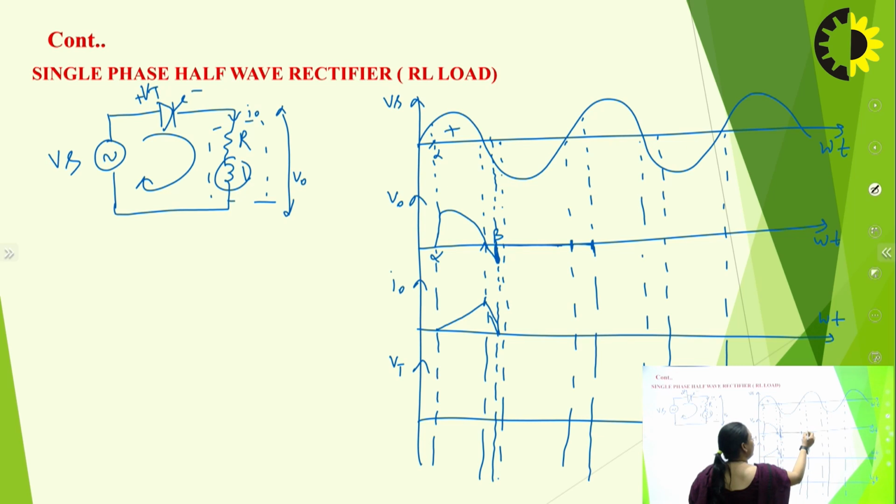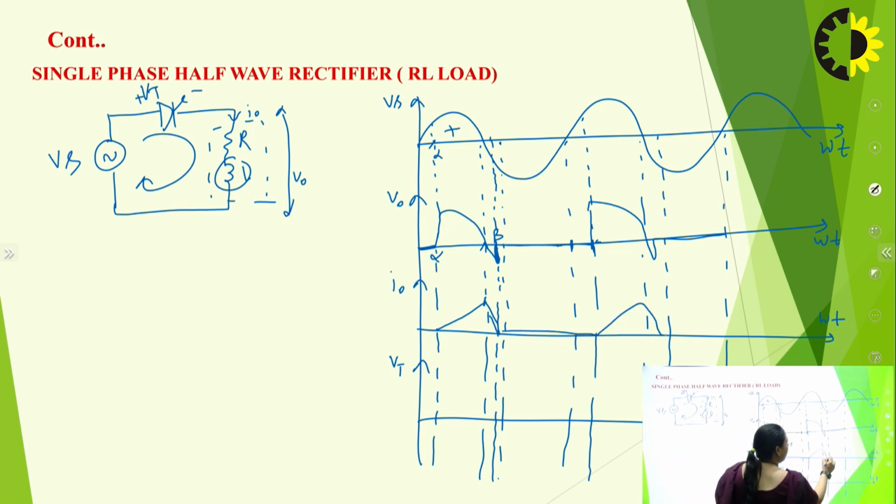So from 2 pi plus alpha, thyristor again starts conducting till the next beta, and the cycle repeats. So there is no conduction, right? And the current is again from here to here, okay, and then the value is 0.